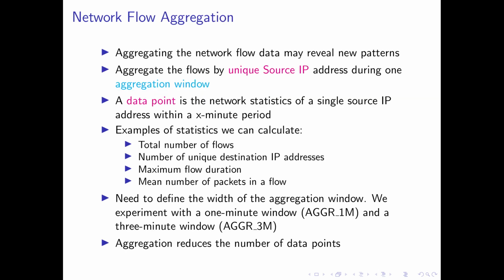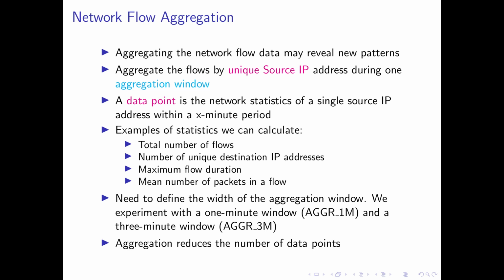So now network flow aggregation, which was related to the second research question that was stated. What is this operation? We basically group network flows by unique source IP address and calculate new descriptive statistics during some aggregation window. So our data points are now the network statistics of a single source IP address within an X minute period.